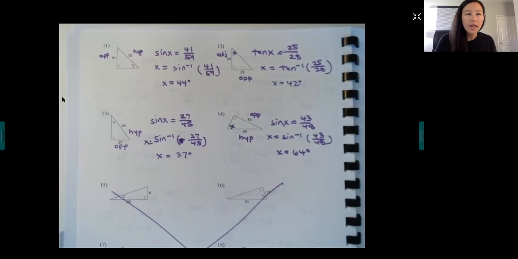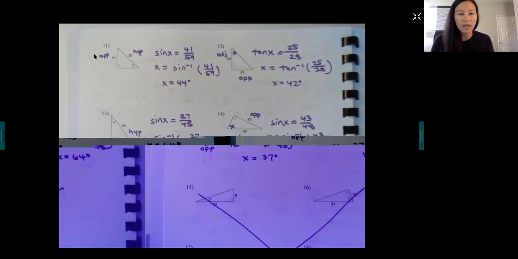Okay, so then I'm gonna go ahead and open up Canvas and we can do the checkpoint. So if you guys can go ahead and open up your Canvas to sign in so that you can submit it.